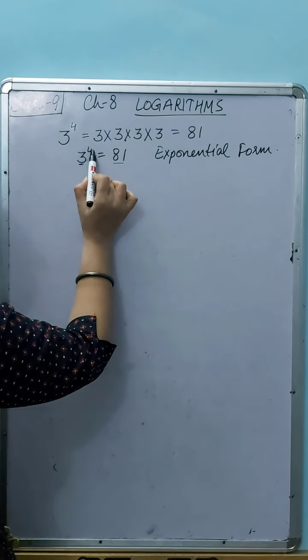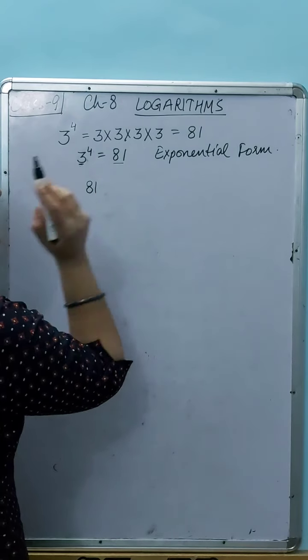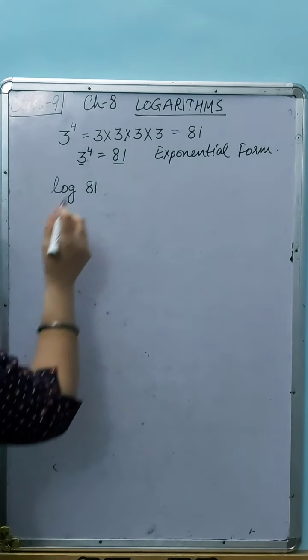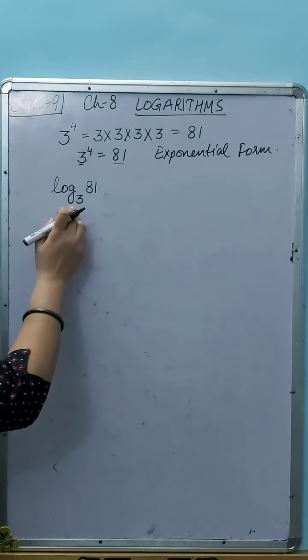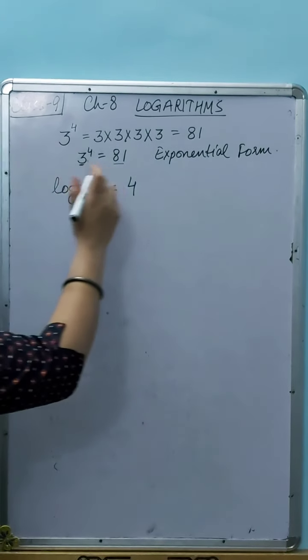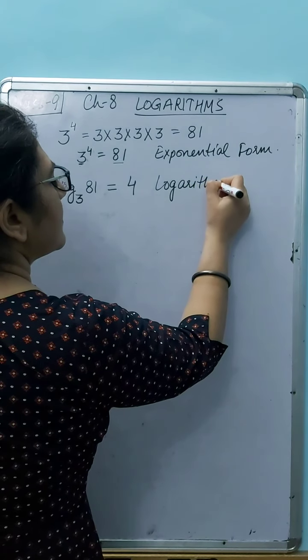This is the power, index or exponent. This is the number. So when we take the log of the number 81, the base 3 will remain at the same position, in the base, and the answer is 4. This is known as logarithmic form.